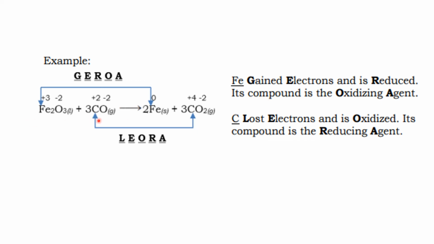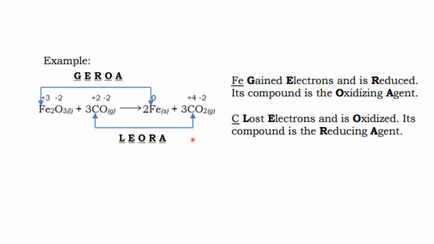That substance that carries carbon is considered the reducing agent. This means that that substance, carbon monoxide, being the reducing agent, caused the other substance, iron(III) oxide, to be reduced. That's why it's called reducing agent.